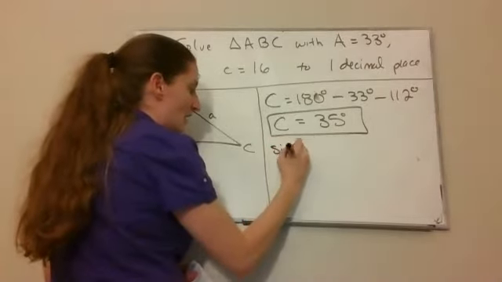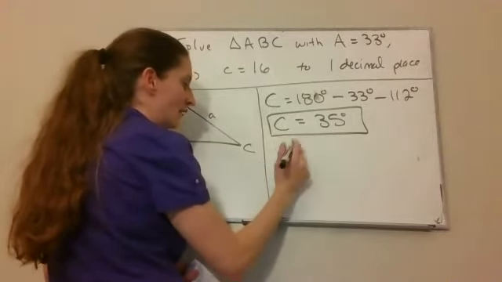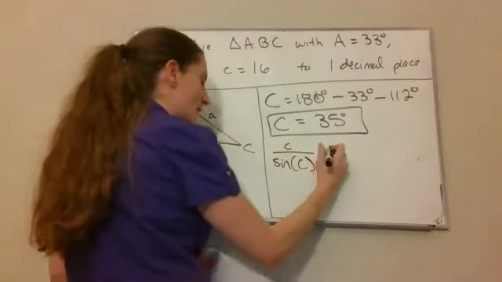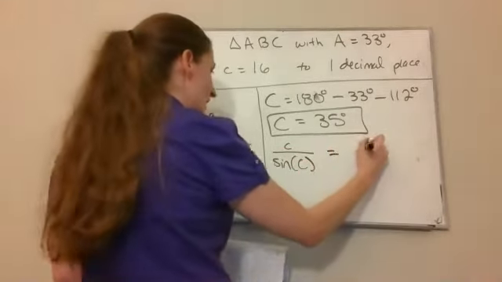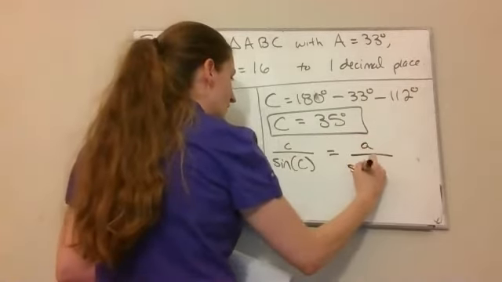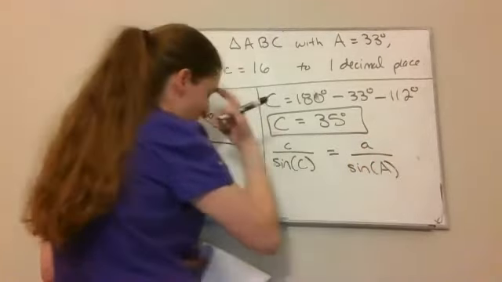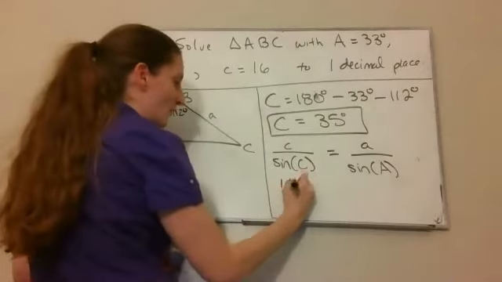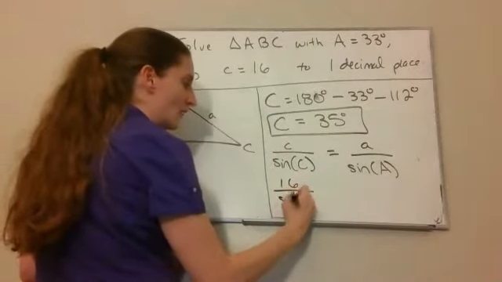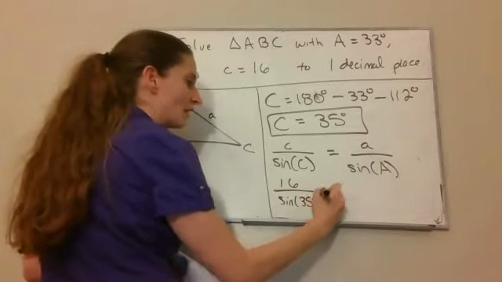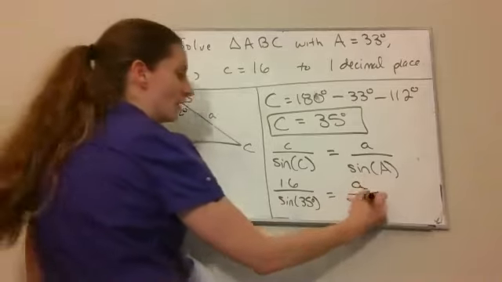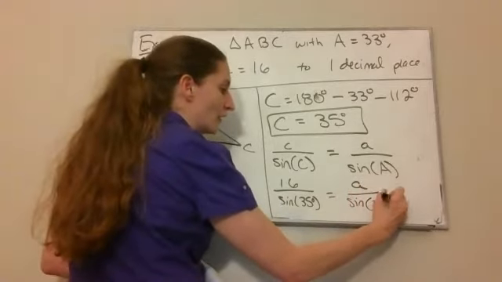I know that c over sine of C should be equal to a over sine of A. Filling in the information that I know, I have 16 over sine of 35 degrees is equal to little a over sine of 33 degrees.